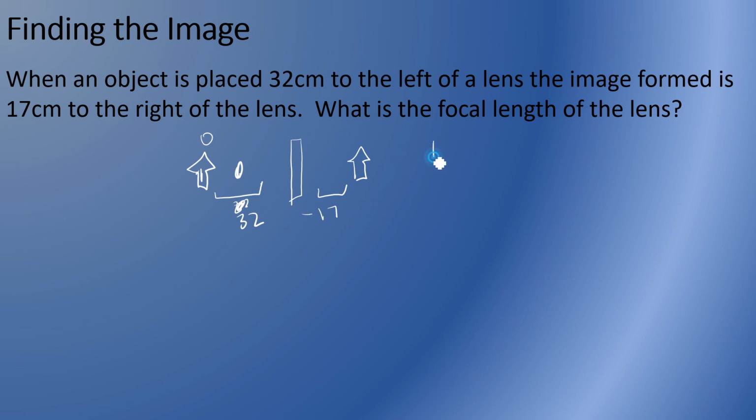So we're going to have 1 over object distance plus 1 over image distance equals 1 over our focal length. So 1 over 32 plus 1 over negative 17 equals 1 over f. And we'll just plug that in, 1 over 32.